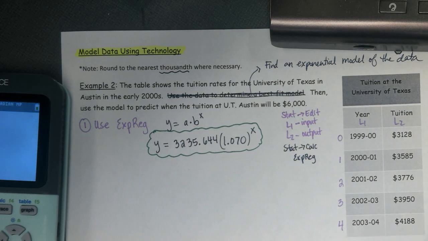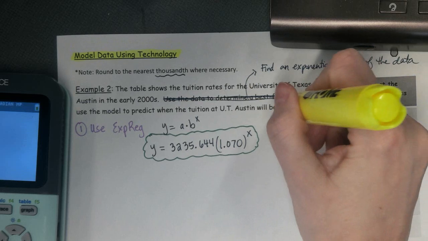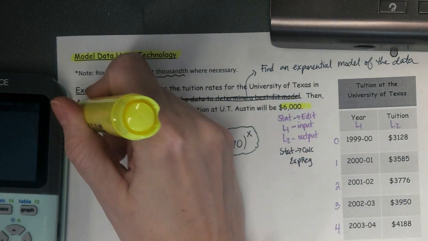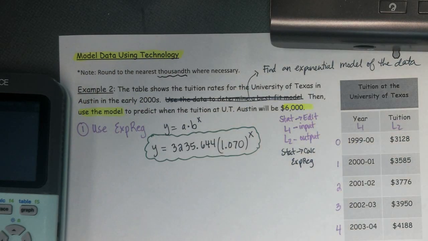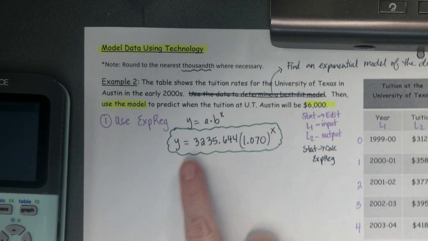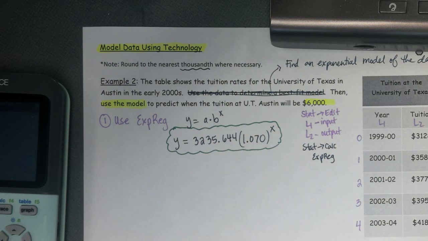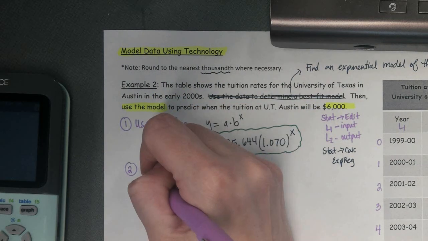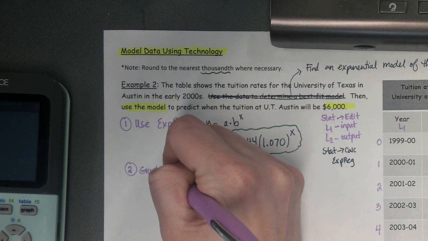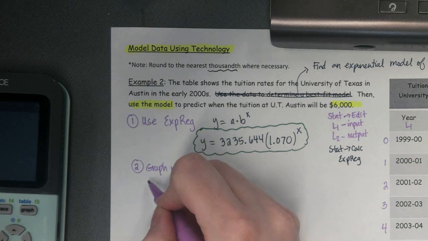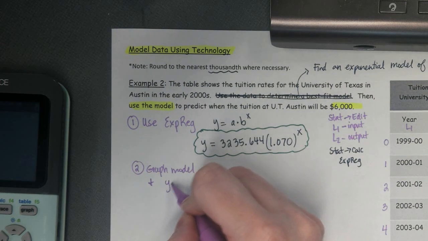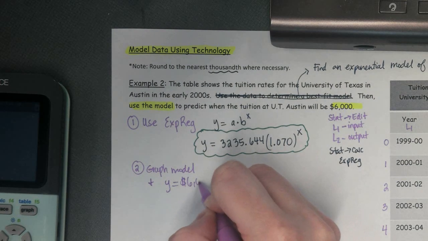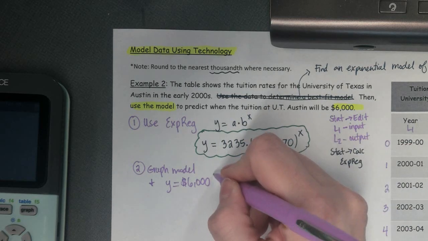Okay, so when you're finding when the tuition will be 6,000, we're using that model. Okay, we're going to put this in y1, and then 2, we're going to graph model, and y equals 6,000, and then we're going to find the intersection.